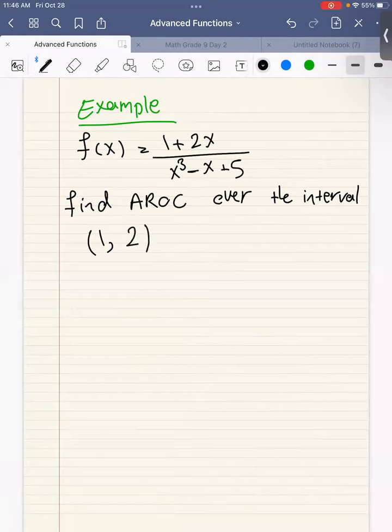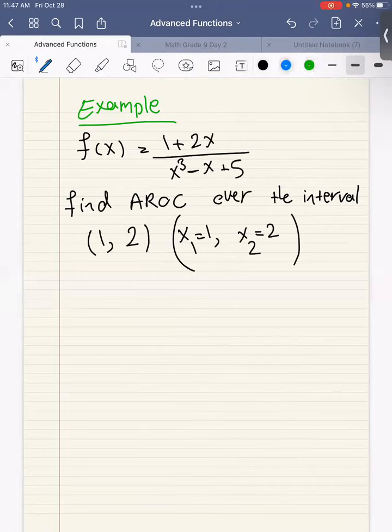That means these are two values of x. So here it means x equal to 1 and x equal to 2. Or you can say x1 equal to 1, x2 equal to 2.